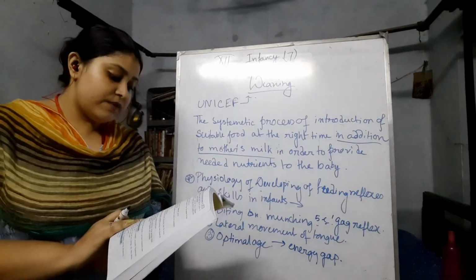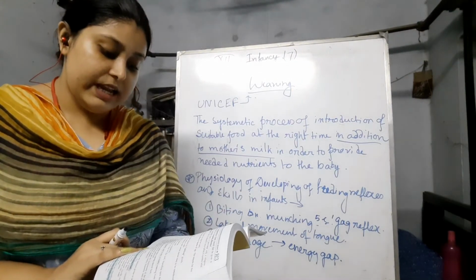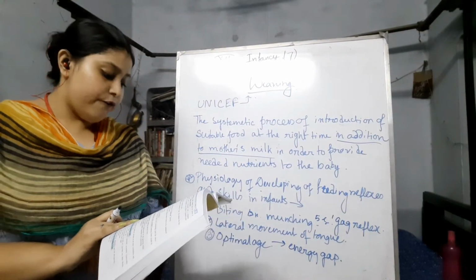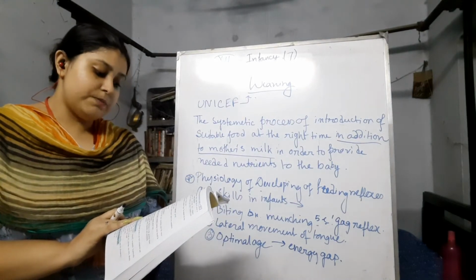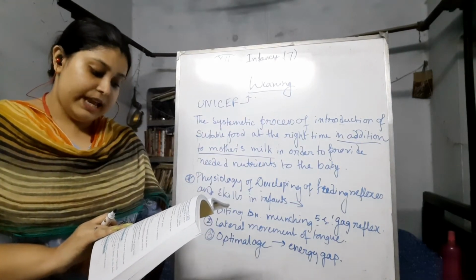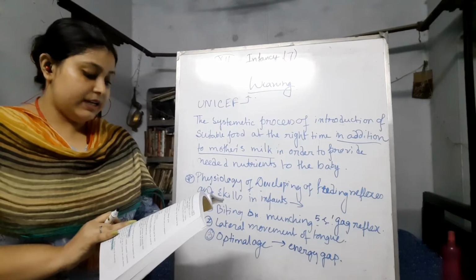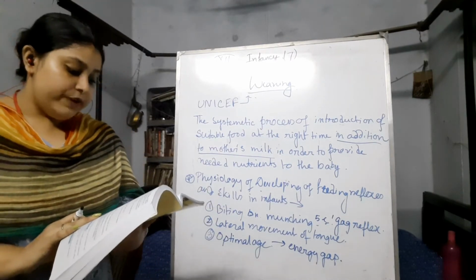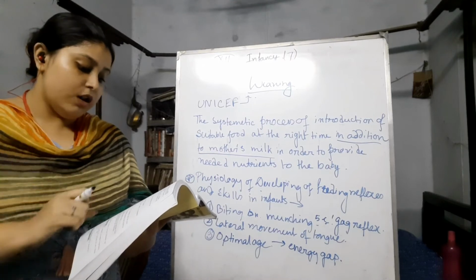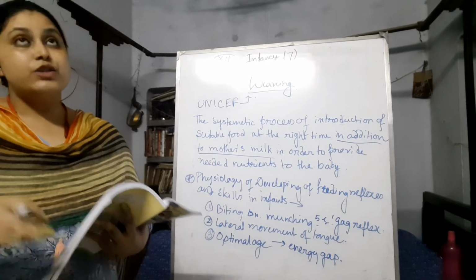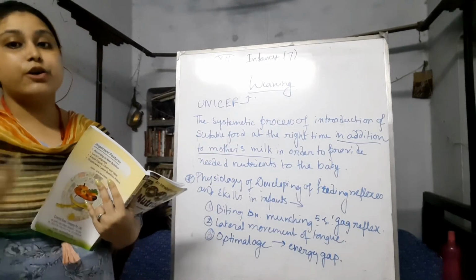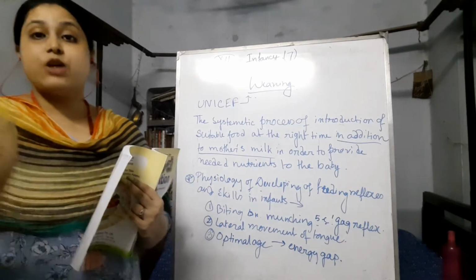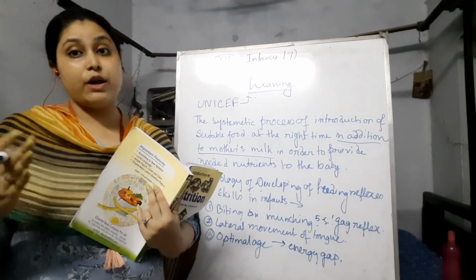If the introduction of semi-solid and solid foods is delayed, then the stimulus for chewing development is not applied at the appropriate age, and the child may enter the critical period, after which the infant will always be a poor chewer. So at this age we incorporate semi-solid foods first, not solid foods at the very start.